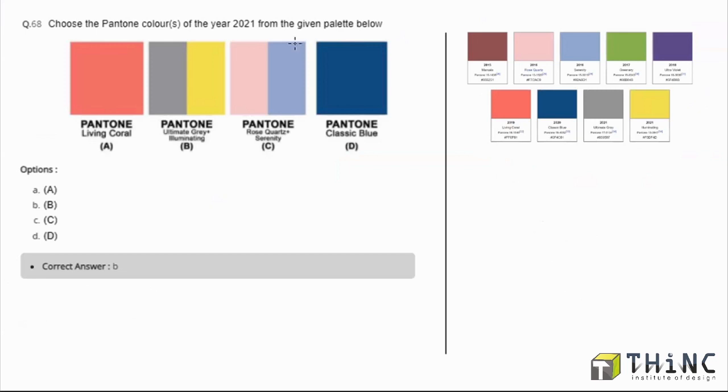So the Pantone color of the year 2021 is actually two colors: ultimate gray and illuminating, which is something similar to a yellow. These are the two colors you can see for 2021. So the right option for it is option number B.